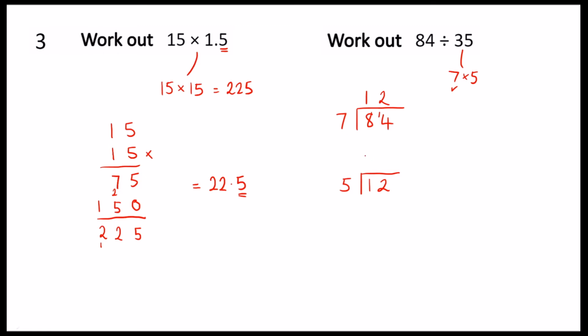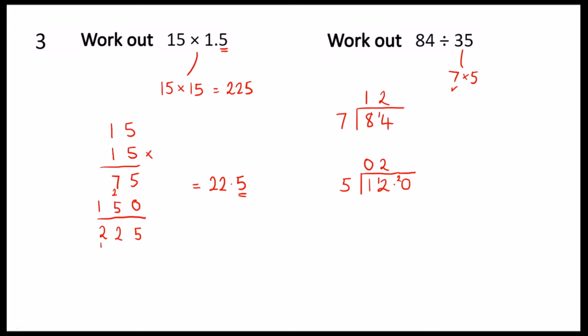Again, 1 divided by 5 this time would be 0, remainder 1, and 12 divided by 5 would give me 2, remainder 2. Now, because we don't have anywhere to write this remainder 2, what I'm going to do is put a decimal point and add a 0 on the end, because 12.0 is essentially the same as 12, but I now have somewhere that I can put this 2 onto.